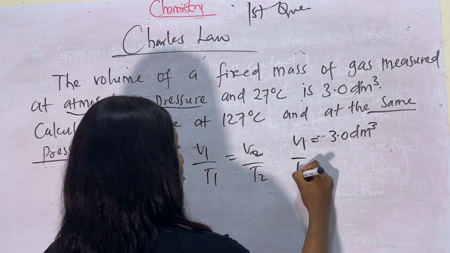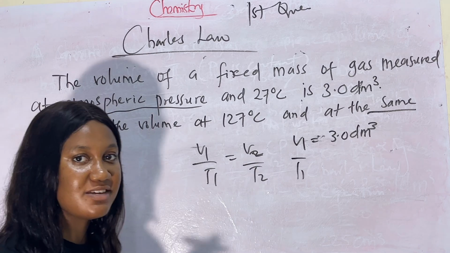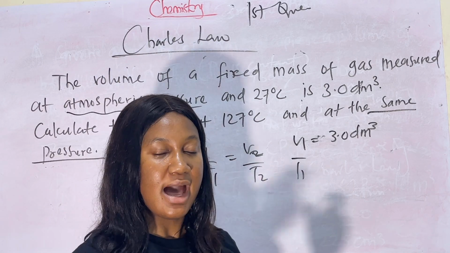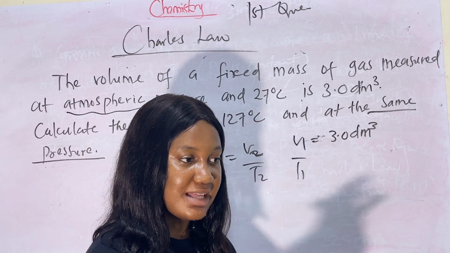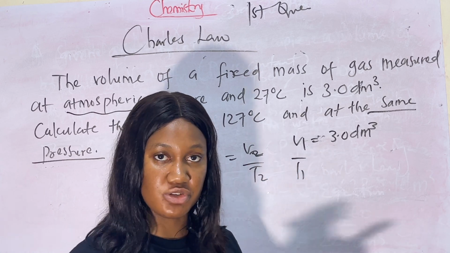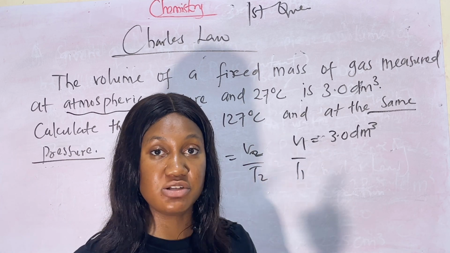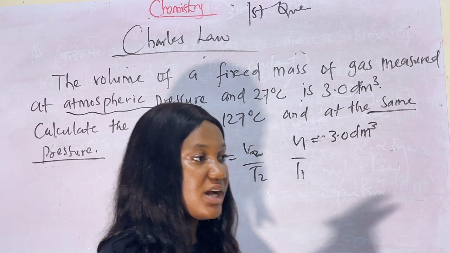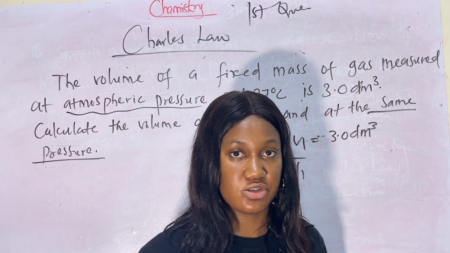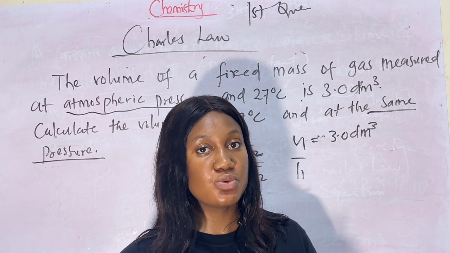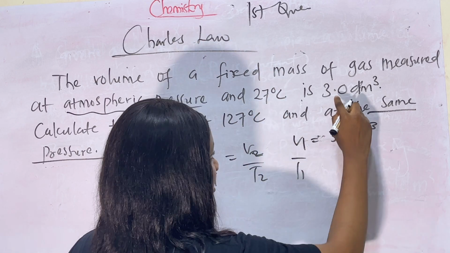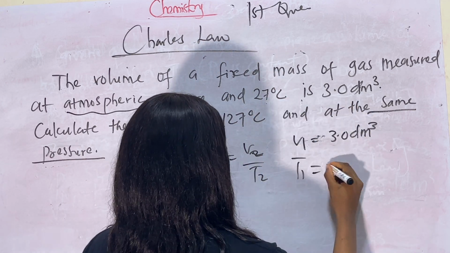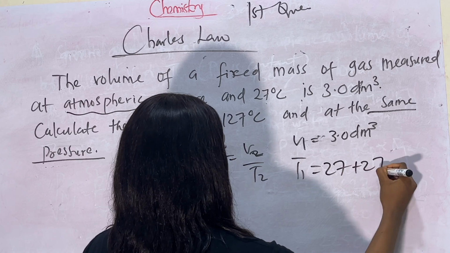T1, remember, whenever you are given your temperature, I told you there are two units of temperature. Either temperature is measured in degrees Celsius or temperature is measured in Kelvin. And when you are given temperature in degrees Celsius, you convert this to Kelvin by adding 273. So I'm going to add 273 to this. So equal to 27 plus 273.